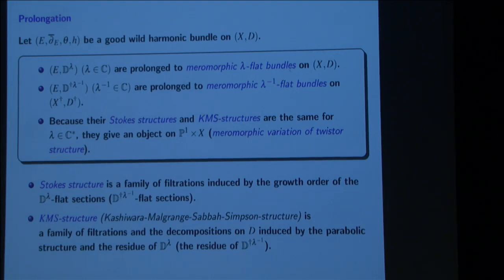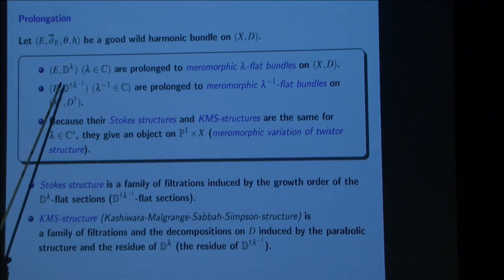So wild is the worst situation. Yes, for the statement made, wild is the general case, but tame is important at least in the intermediate steps. In the study of meromorphic flat bundles, it's convenient to consider the subclass of regular singular meromorphic flat bundles. So I explained the tame case also.